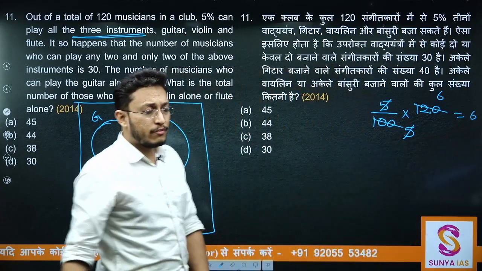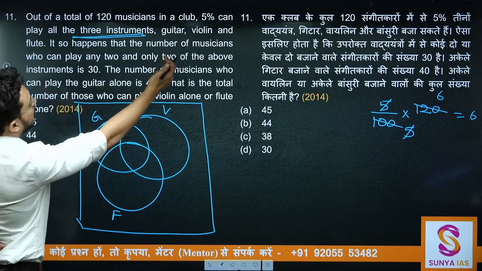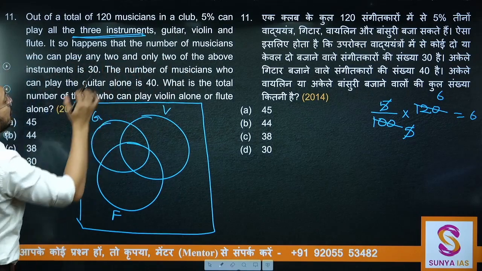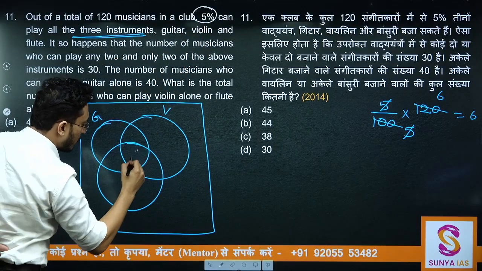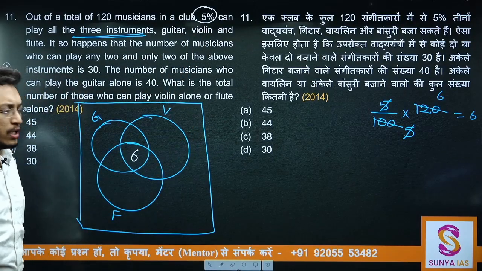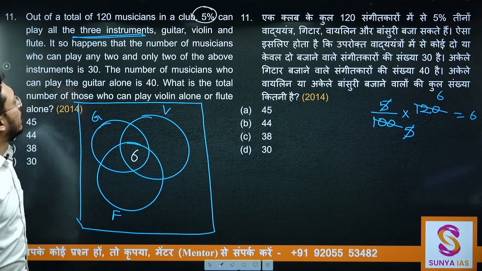That means specifically they are saying that there are 6 musicians who can play all the three. This 5% is given to you as 5% of 120. So 6 musicians can play all the three.